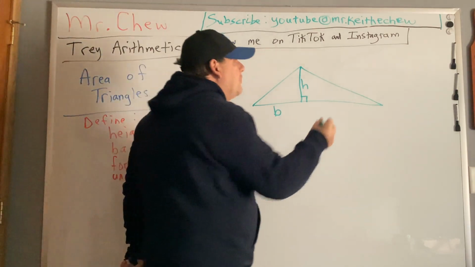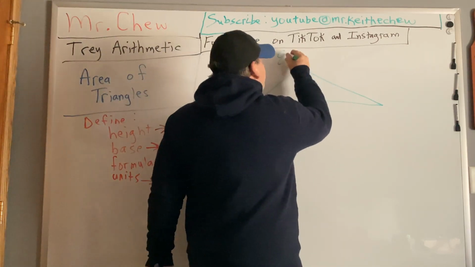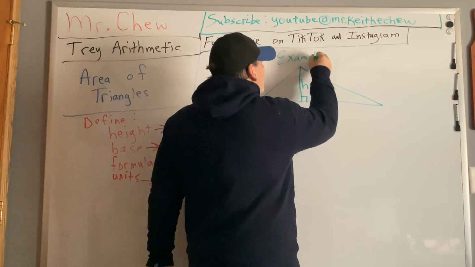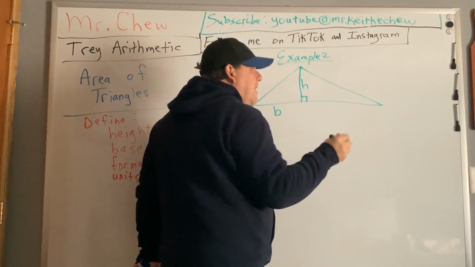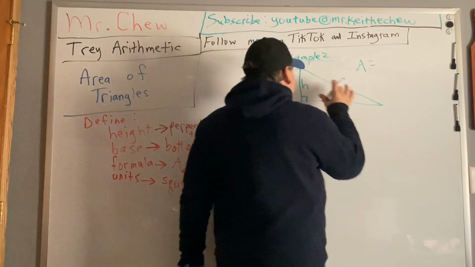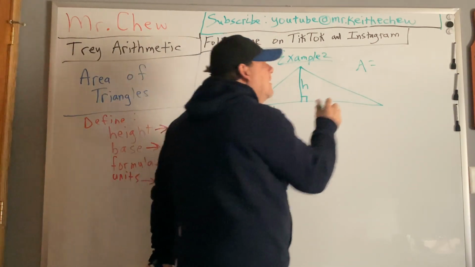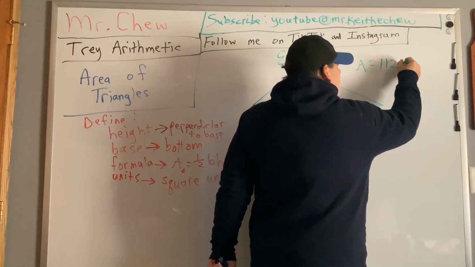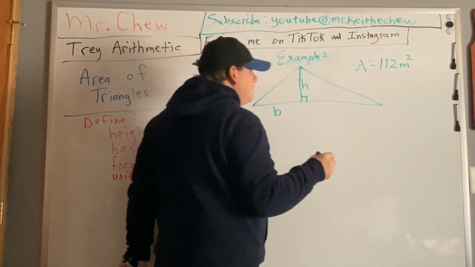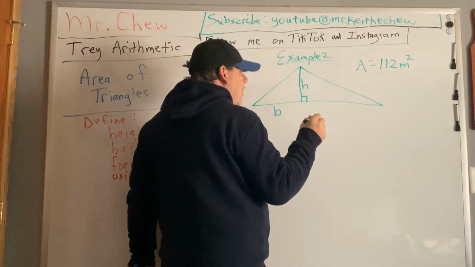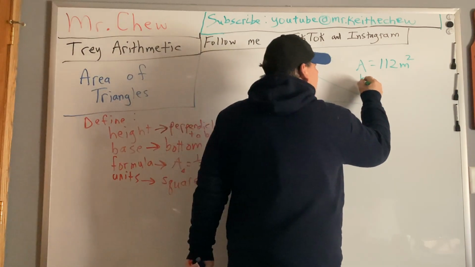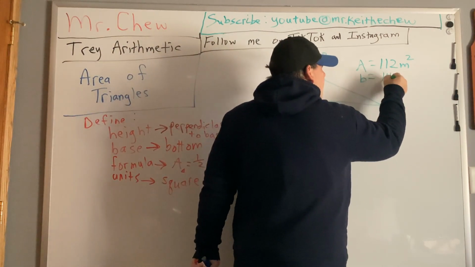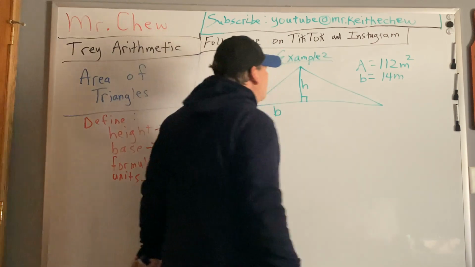So in this particular problem, for example 2, we're given the area of the entire triangle as 112 meters squared. And we're told that the base equals 14 meters.